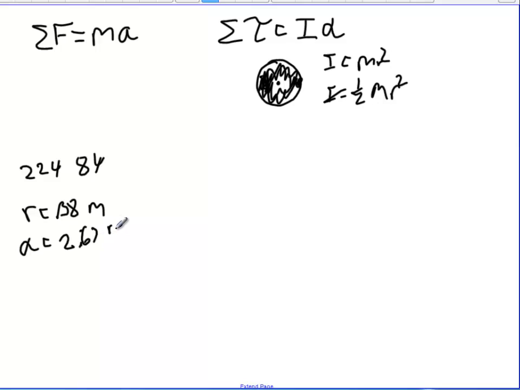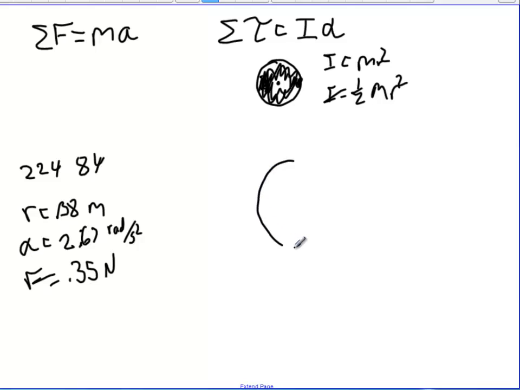And that's applied by a force, F, equals 0.35 newtons, and this force is applied on the edge of the wheel. What is the wheel's moment of inertia?